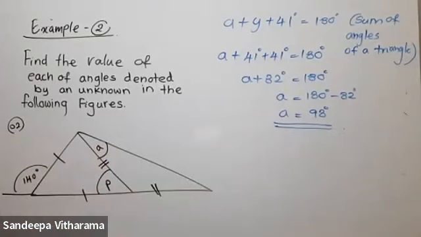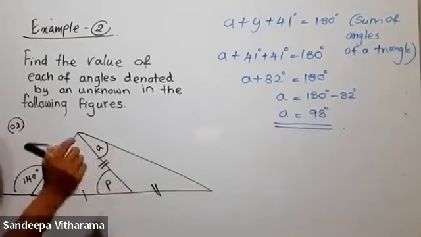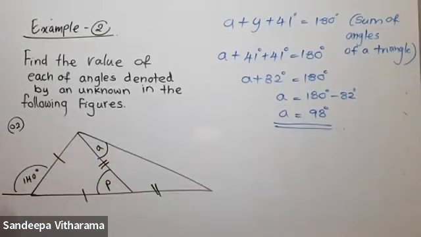Okay, here find the value of a and p. You can use the previous theorem that we learned in the previous lesson. What is it? Here you can identify what this given angle is.